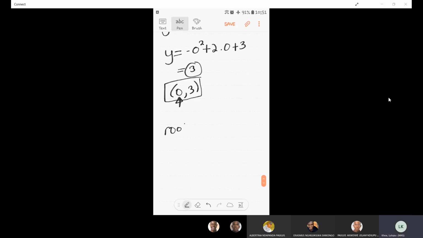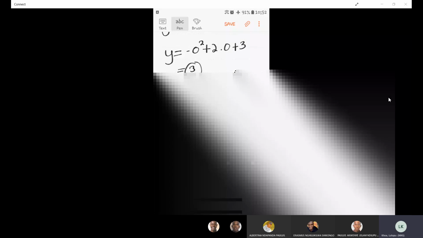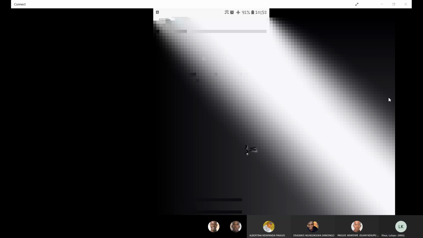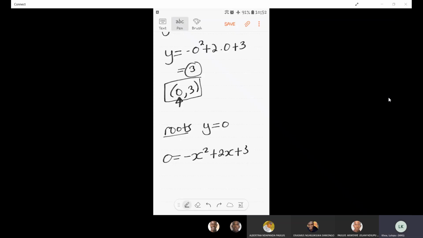At the roots, we know that y is equal to 0. So I substitute y 0, so I have 0 is equal to negative x squared plus 2x plus 3. All right, so this is a quadratic equation.